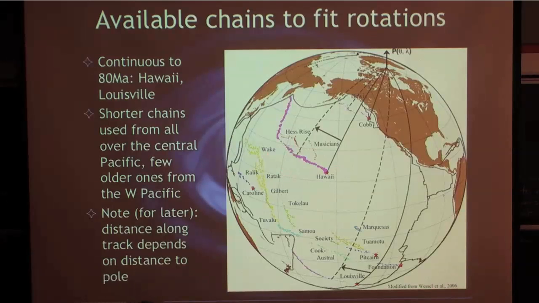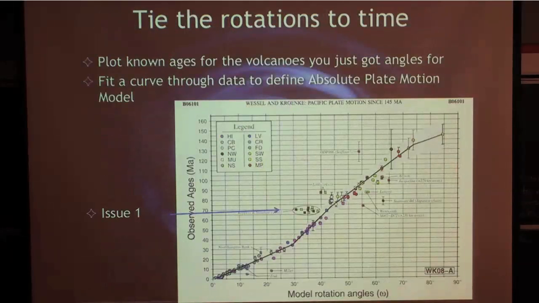So what we've done so far is set up the rotations, right? Going through this exercise, now you know how to move the plate along this geometry, but there's no time component in here yet. So now you have to add a time component. Here are the model angles for all these dots.